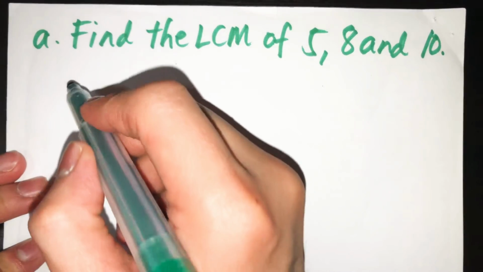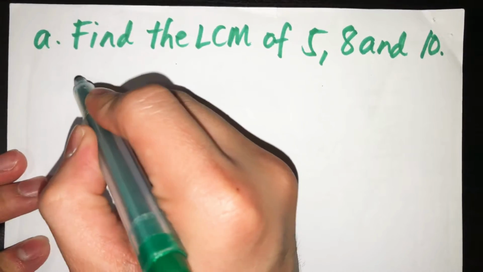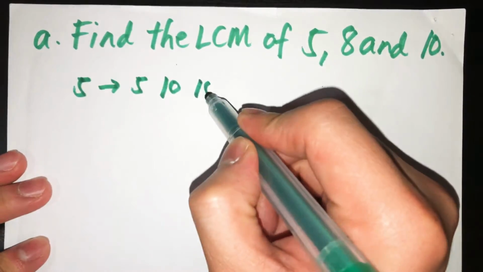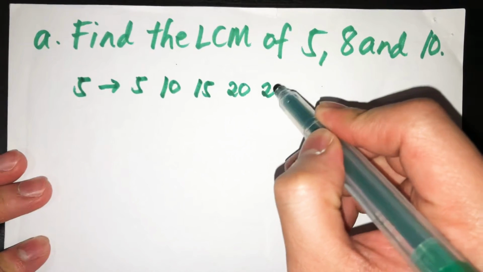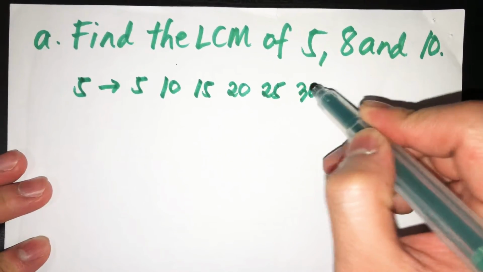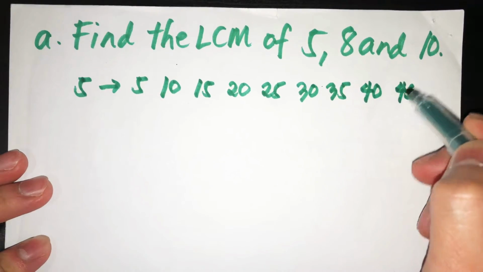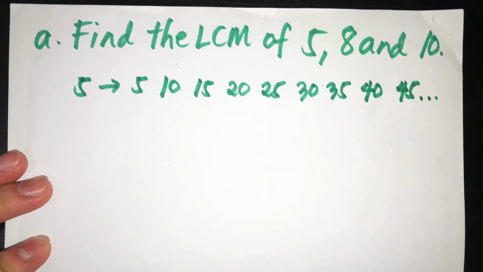Okay, so for 5, we can have 5, 10, 15, 20, 25, 30, 35, 40, and 45, and so on. Okay?